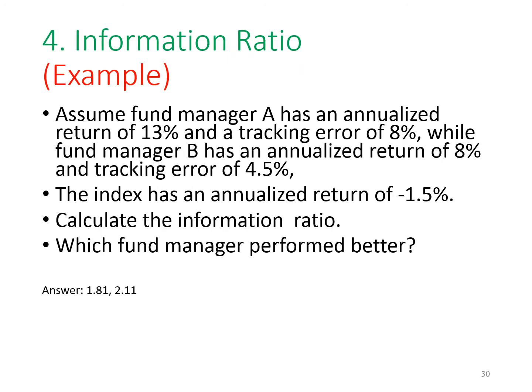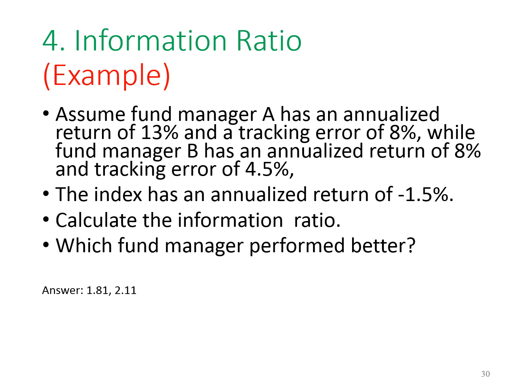Let's practice how to calculate the information ratio. For Fund Manager A, the alpha is 13% minus negative 1.5%, which is 14.5%. Then we divide 14.5% by tracking error of 8%. The information ratio for Fund Manager A is 1.81.